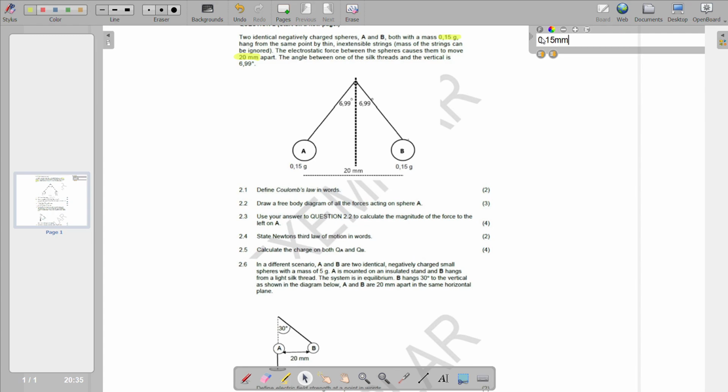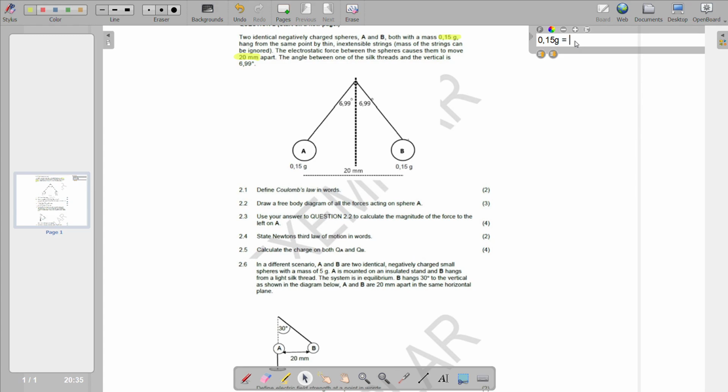0,15 grams. Since it's in grams and we are going to kilograms, we divide by 1,000.